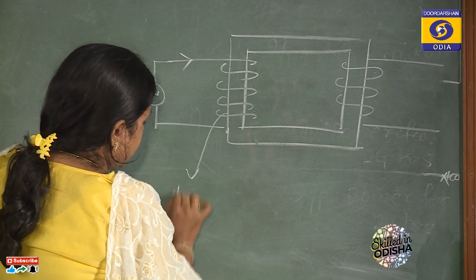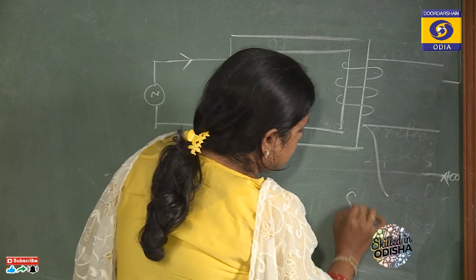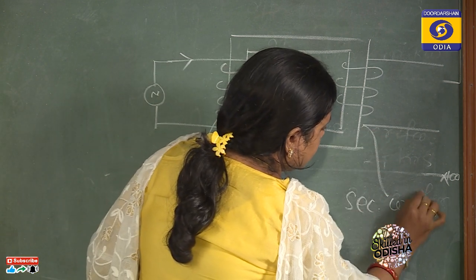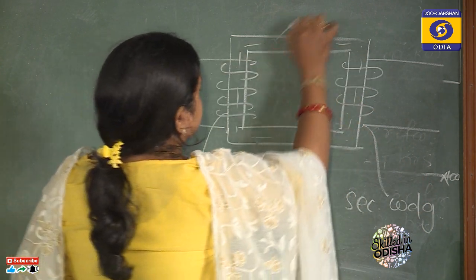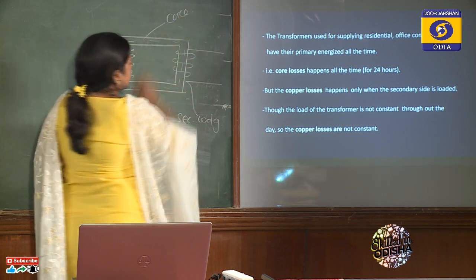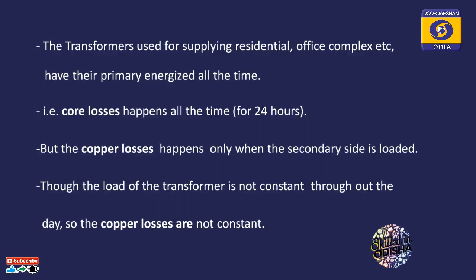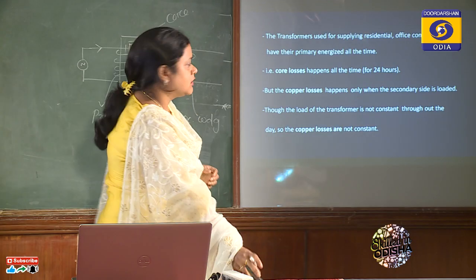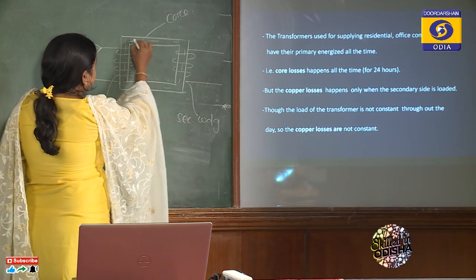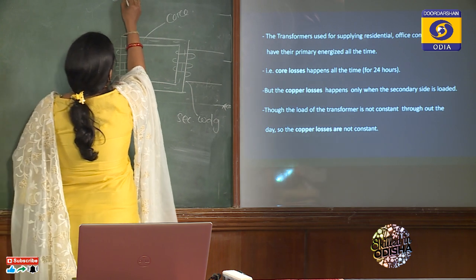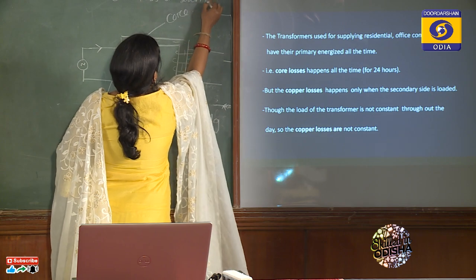This is the primary winding and this one is the secondary winding, and this one is the core of the transformer. So in this case the primary is energized for 24 hours. That means the core loss occurs for 24 hours. Core loss is also known as iron loss.